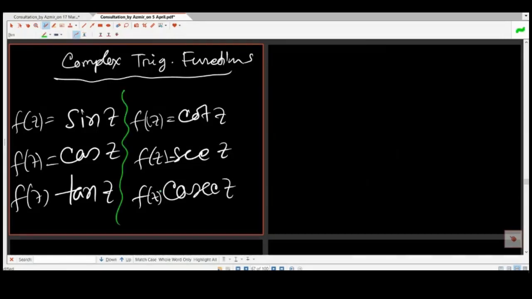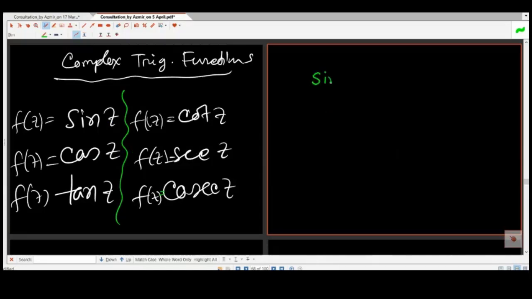So that means complex trigonometric functions are defined just like real trigonometric functions, sine x, cosine x, like that. So we have to understand the definition of sine z, cosine z first.